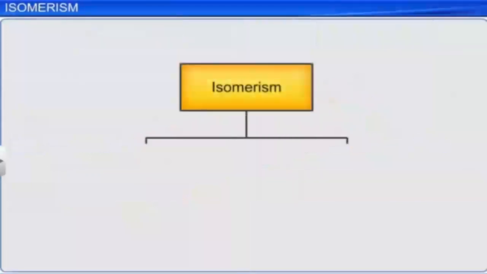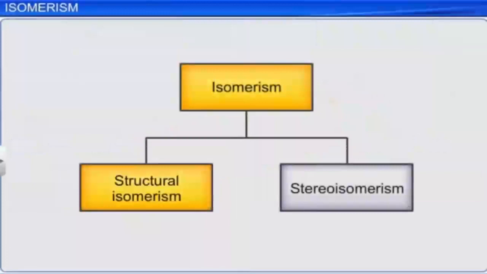Isomerism can be of two types: structural isomerism and stereoisomerism. The compounds that have the same molecular formula but different structures are known as structural isomers, and the phenomenon is known as structural isomerism.